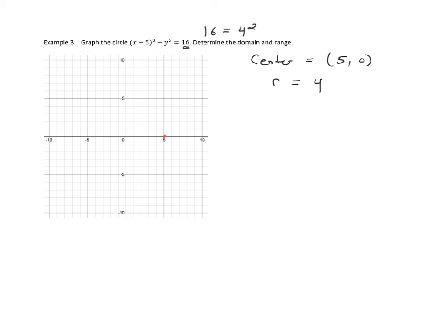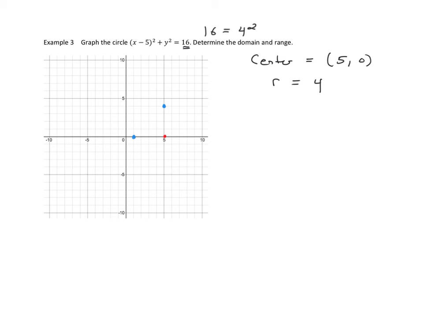By hand, what I'll do is note that the center is right here, so it is this spot. And I'm going to use 4 points that'll be enough of a guide to get the circle itself. So if we go a distance of 4 from this point, you could go 4 in this direction. So here's a point that has to fall on the circle. That's (5, 4). Another point is 4 in this direction, which is (1, 0).